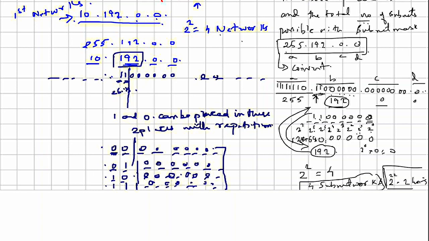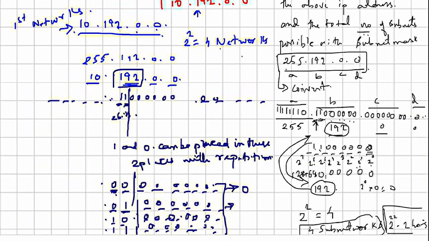If you convert this binary format into decimal, it is 0 here, and 1 at this place is nothing but... So we will see what the possible network IDs are. Here all are zeros, so in decimal it is 0.